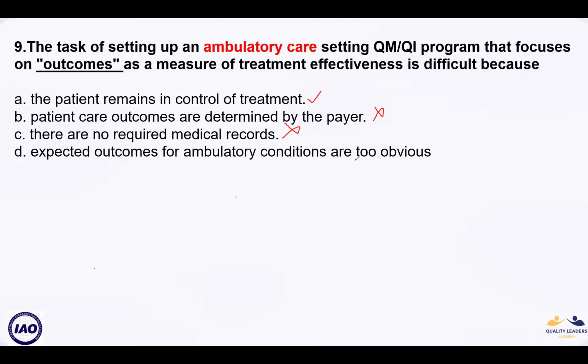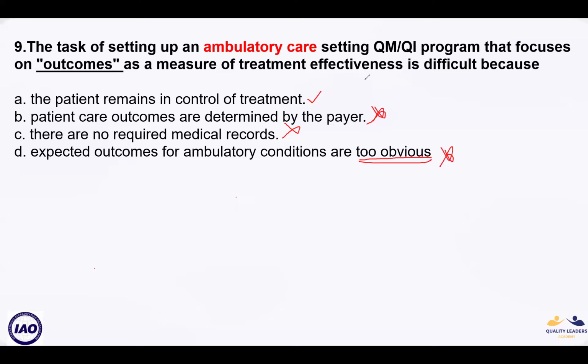This is a sort of trap in the exam. Remember this: if you see options like too obvious or too easy, stay away from those options and be suspicious. So this is also not the right option. It's factually wrong, and it's a reverse logic.